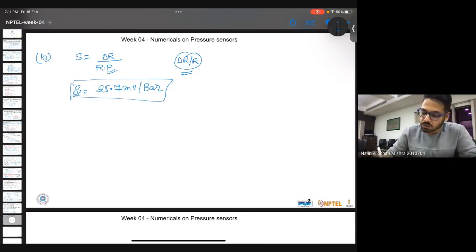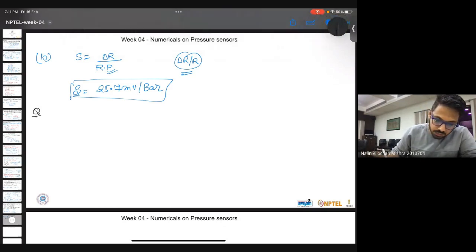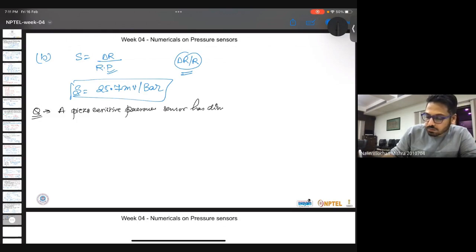Okay, please try this next question. A piezoresistive pressure sensor has dimensions 0.5 mm cross 0.5 mm and thickness of 5 micrometer.